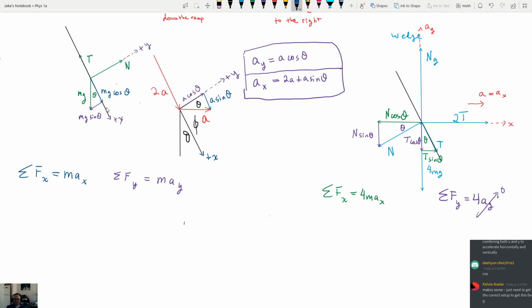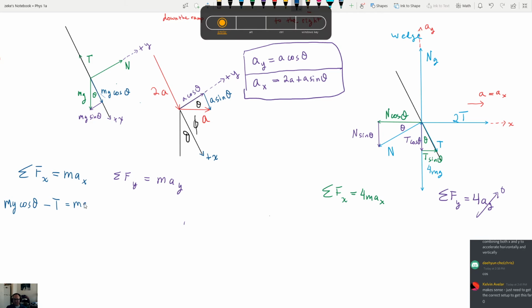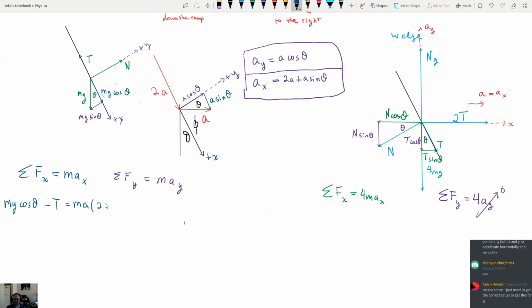Let's go ahead and start filling in our equations from left to right. X direction is down the ramp. So going down the ramp, we have mg cos theta, which is positive, minus T, which is negative, and that's equal to m times a_x. a_x is mass times a times 2 plus sine theta.